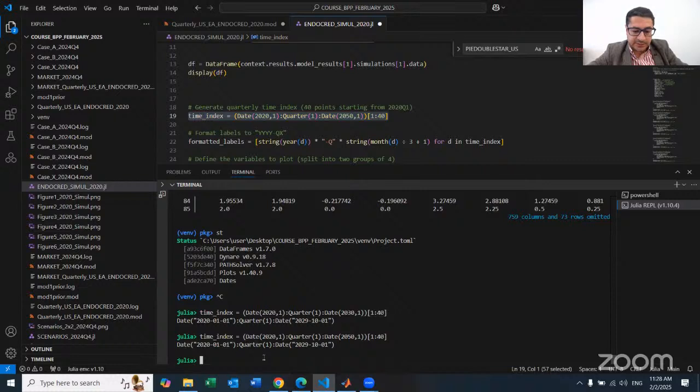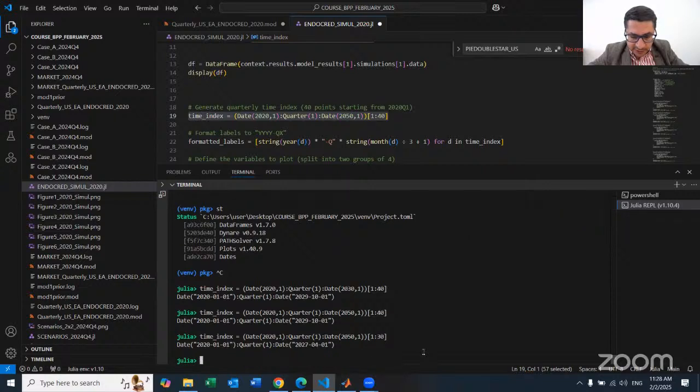You will get the same. This is for plotting purposes. If you take 1 to 30, it will go up to 2027. Okay.